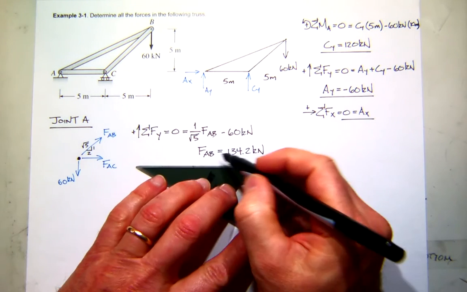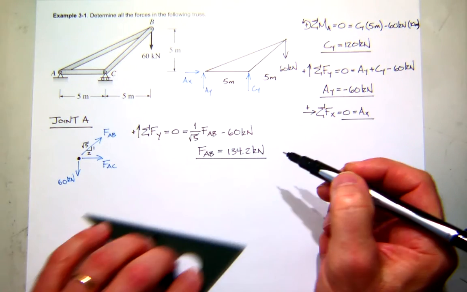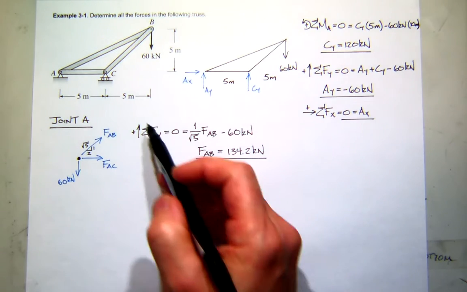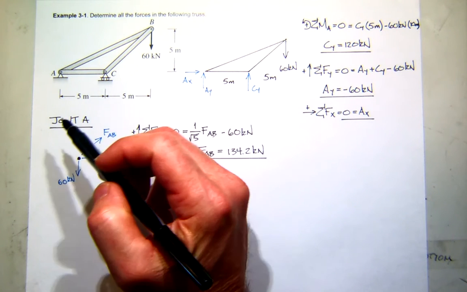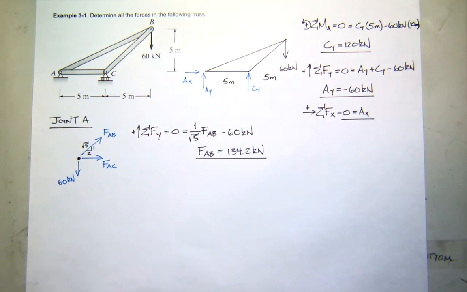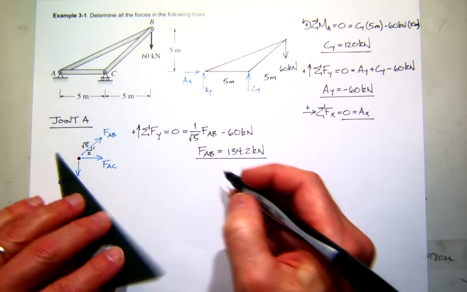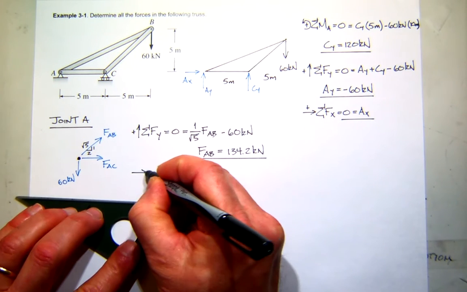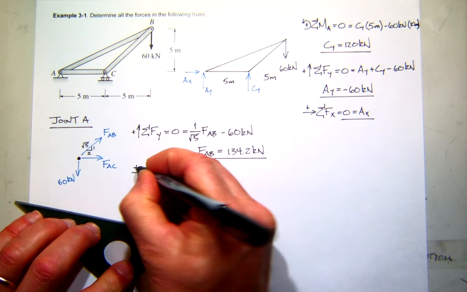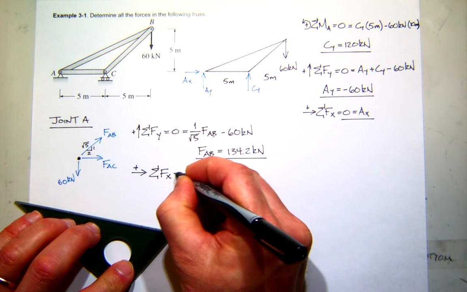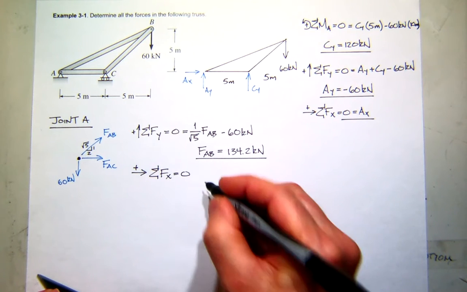And I got a positive number, so what does that mean about AB? It's in tension. Does it make sense that AB is in tension? Yes. I think so. Now that I have AB, I can sum forces in the X direction and get what? AC. So let's do that.